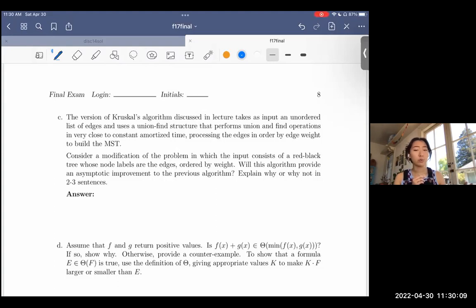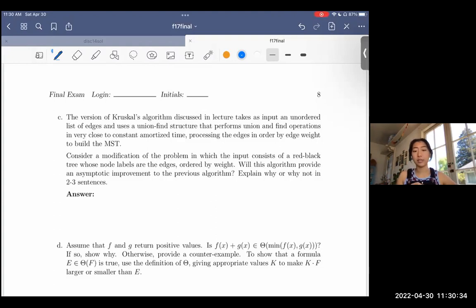And so the modification we've made basically says, hey, now instead of just giving you the straight up graph where you have to take all the edges and sort them, we're giving you a red black tree with the edges. And so what we can do with this is that instead of having to sort all the edges at first, right?